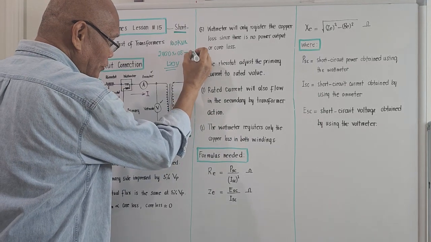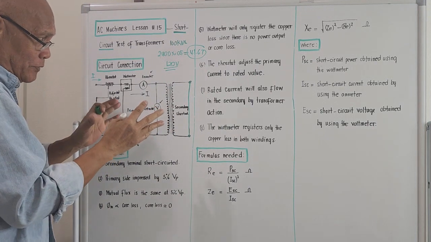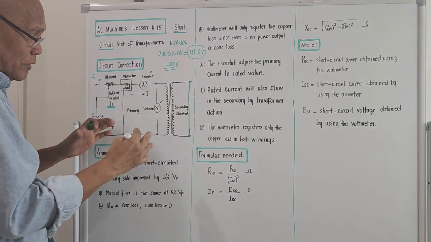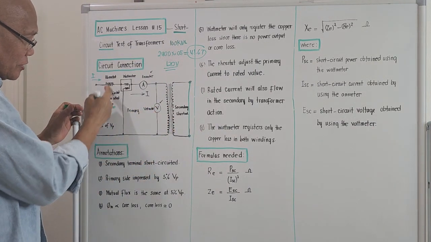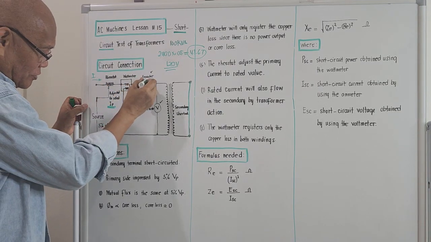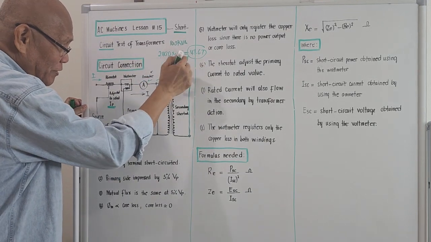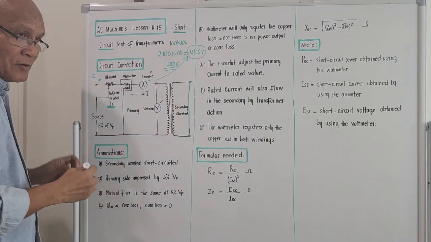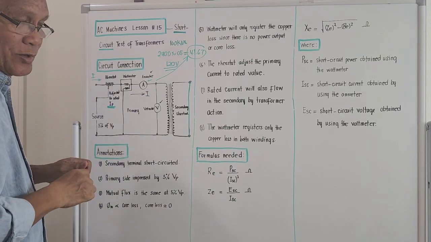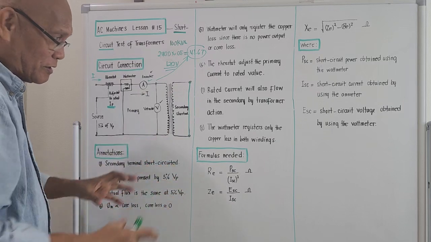It is 41.67 amperes. So to perform the short circuit test here, you will adjust this rheostat such that the current registered by the ammeter will be 41.67 amperes. That's the mark point on how to perform the so-called short circuit test.